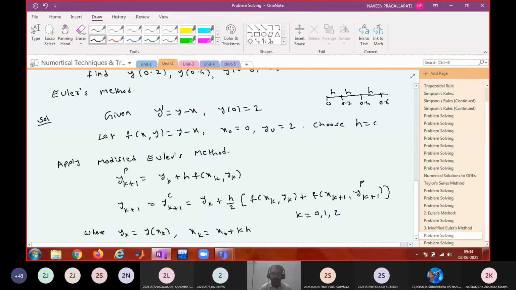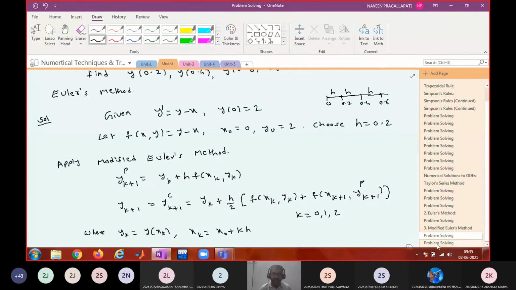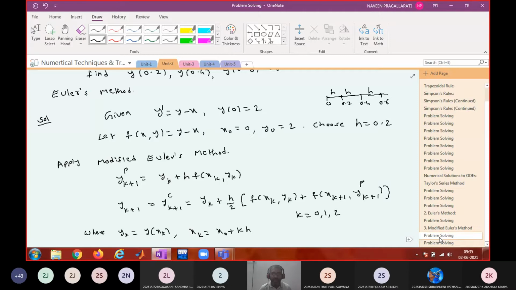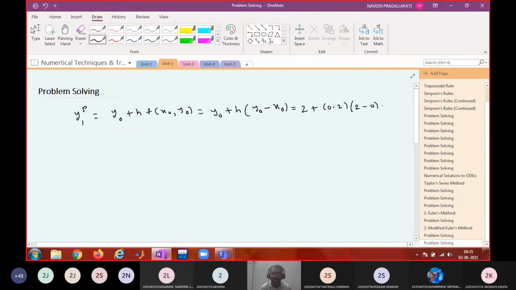Okay. So this is h into f of x comma y, which is y minus x. So this has to be y naught minus x naught. Now substitute the values. y naught is 2, so 2 plus 0.2 into 2 minus 0. So what is this value? 2.4.